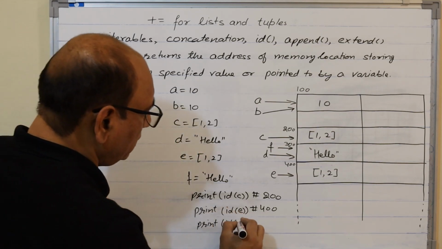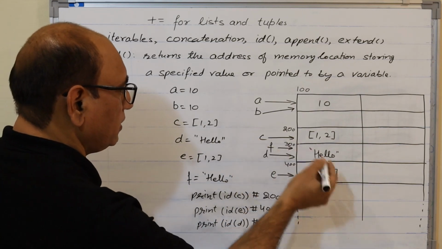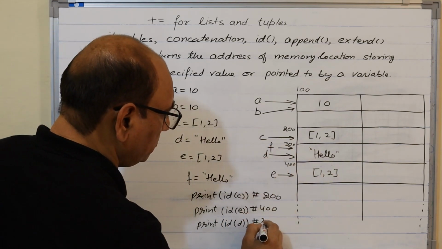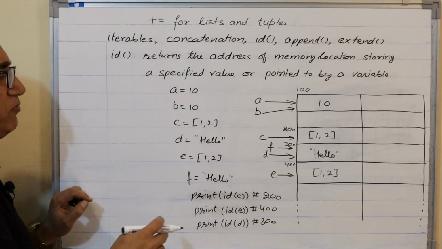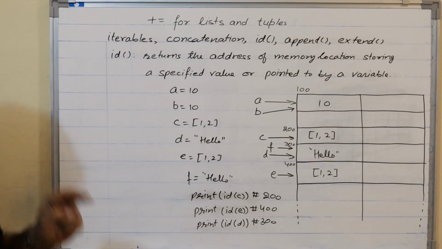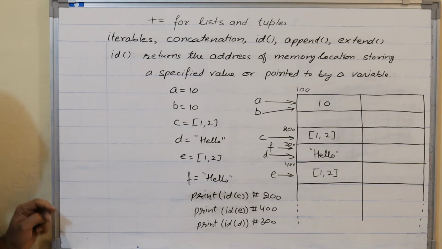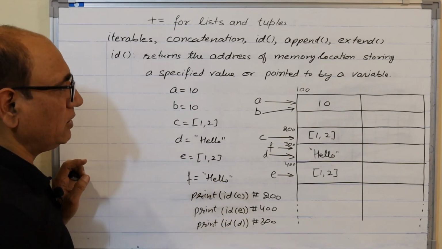Print id of D, that will display 300. Similarly, print id of F, that will also display 300. This is what the id function does. It returns the address of the memory location storing a particular value or a particular variable.